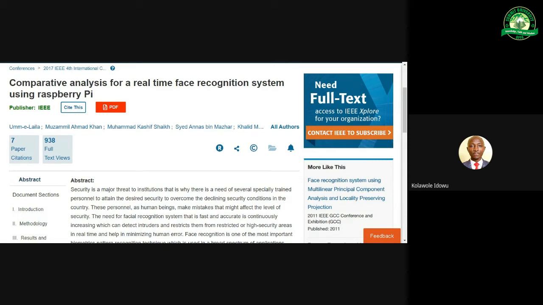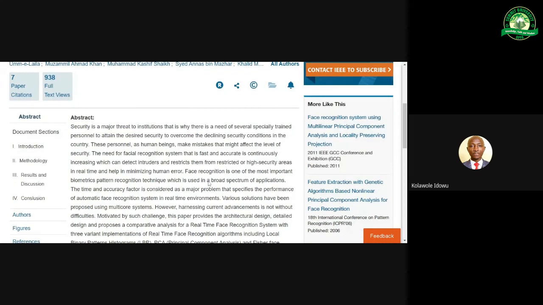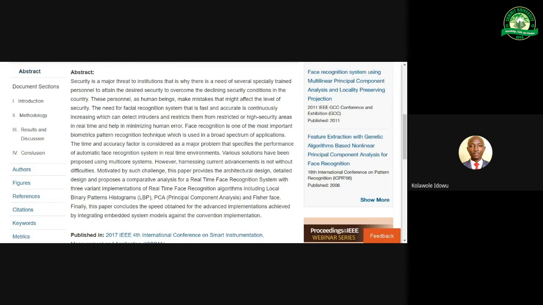If you read the abstract of that paper, the paper we are presently considering, comparative analysis for a real-time face recognition system using Raspberry Pi, and if we read between the lines in the abstract, I think it's actually talking about facial recognition and security. So I think we can get information that has to do with what we are dealing with inside that paper.